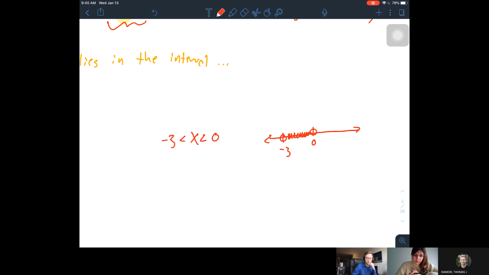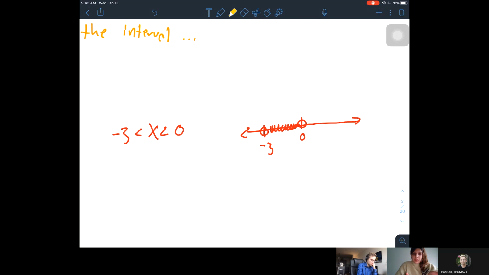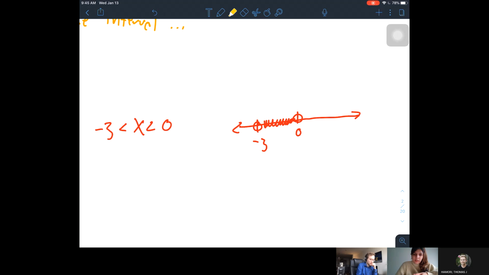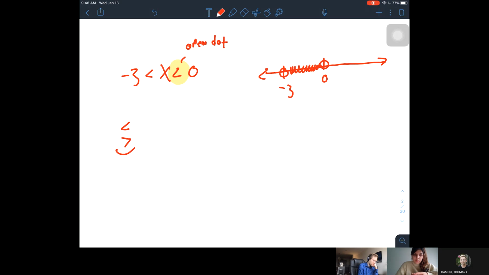In the previous case, there was one open dot and one closed dot. It won't always be like that. It has to do with this sign: this sign means open dot. If we have this one or this one, open. If we have less than or equal to or this one, it'll be closed.